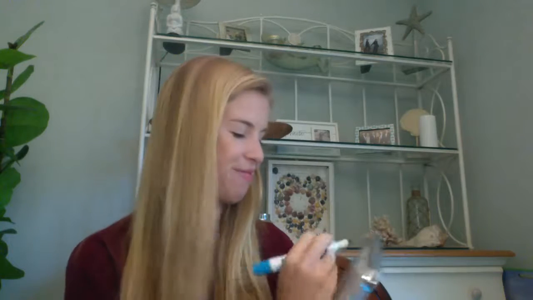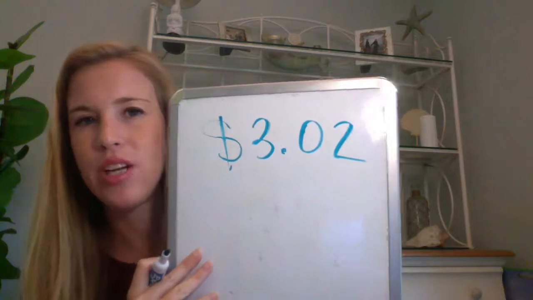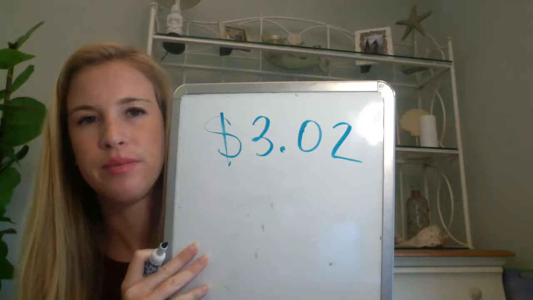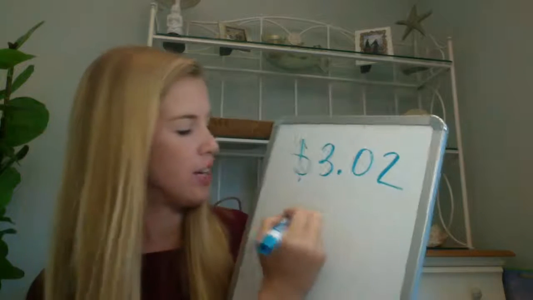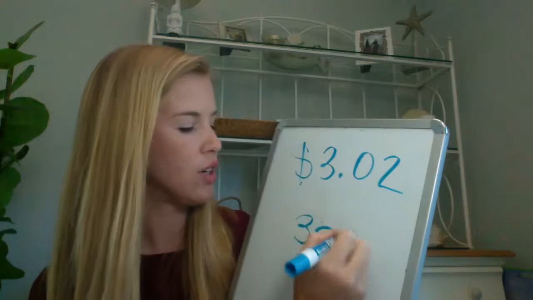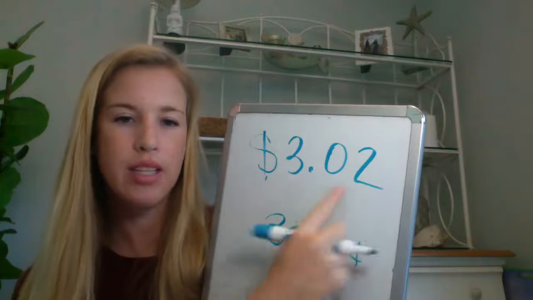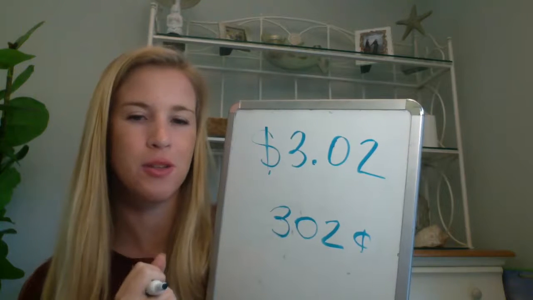Here's a challenge. Go ahead and write this amount in just cents. Okay, your answer should be 302 cents. Okay, we keep the numbers in the exact same place. We're just taking away that decimal point. So 302 cents.